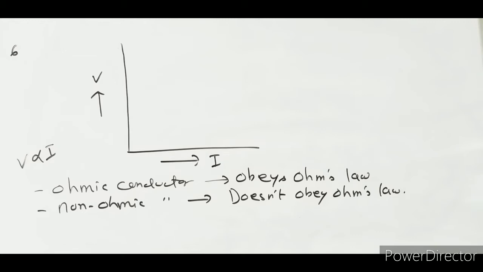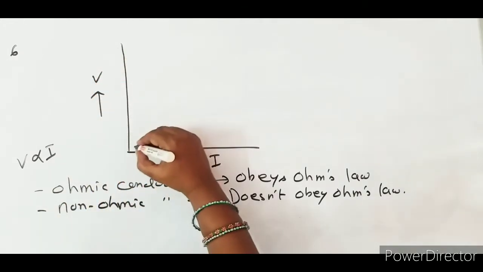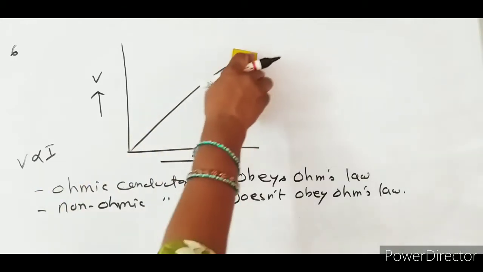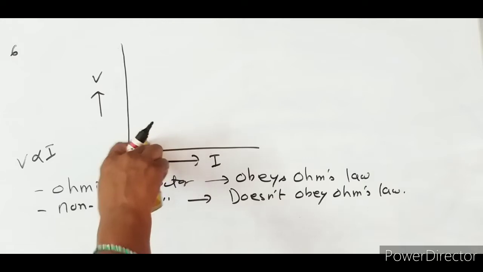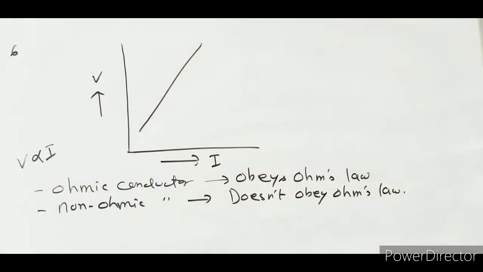Clear? So let us take the VI graph. For an ohmic conductor, the graph is always a straight line. It is not necessary that it starts from the origin. It can also start from elsewhere, but whatever it may be, it should be a straight line.